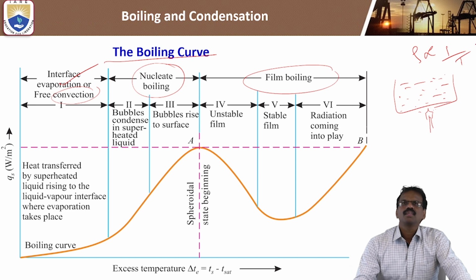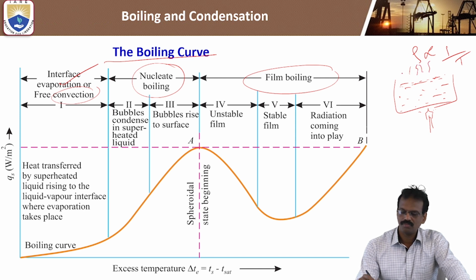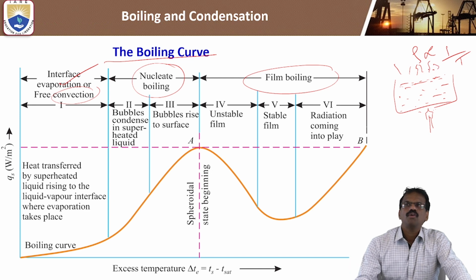If the temperature increases, density decreases. Less dense particles move in the upward direction, and heavy dense particles move in the downward direction. In this way, the water is evaporated here.